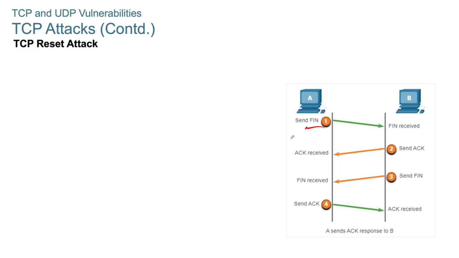Then in the third step, the server sends the FIN to the client to terminate the server-to-client session. At the fourth step, the client responds with an acknowledgement of the FIN from the server. So this is the reset attack that can happen.